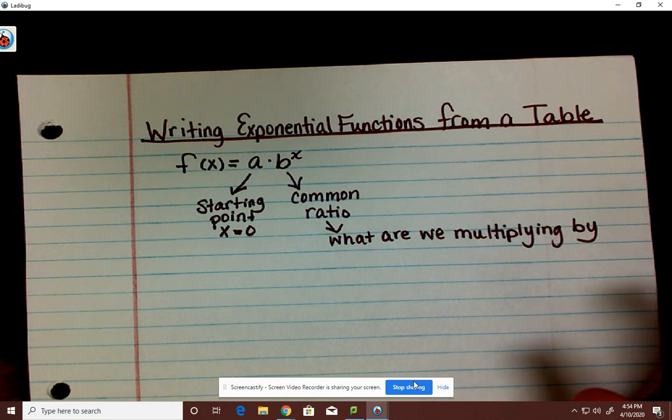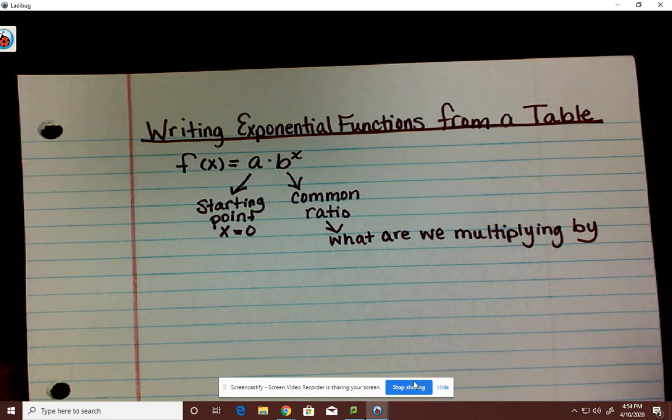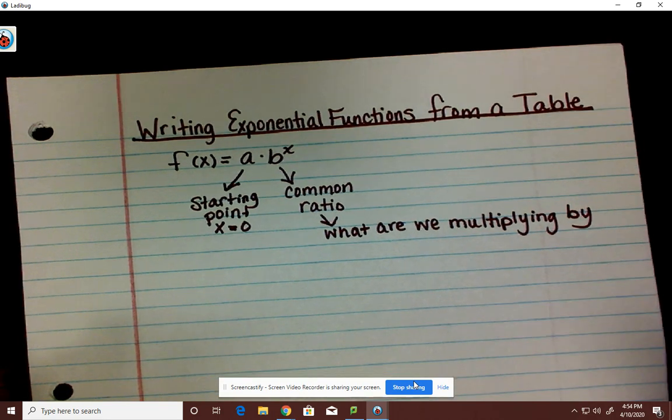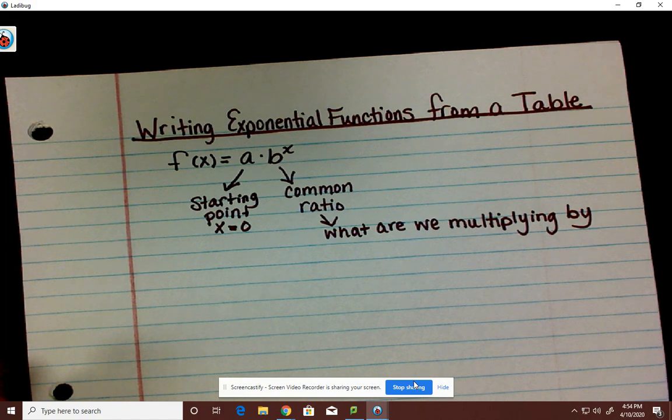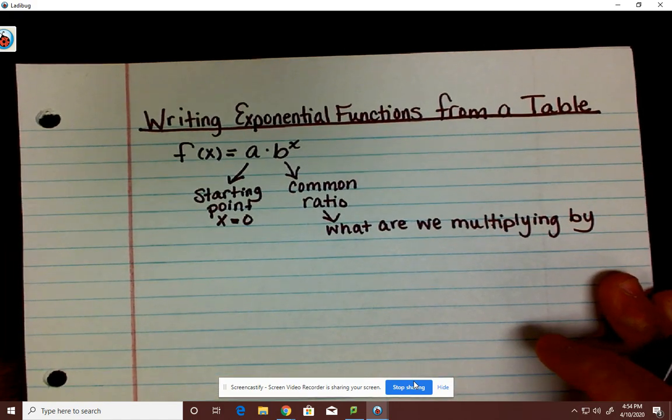Alright, so today we're just going to look at ones that we already know are exponential, and then later we'll look at how we determine for sure, is it linear or is it exponential, is it quadratic, by looking at the table.